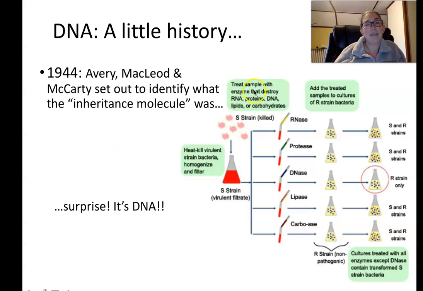So they took those S bacterial cells, and they basically chopped them up, blended them up, and separated them into DNA, RNA, protein, fats, and carbohydrates. So they chemically separated out the different chemicals of the cell.